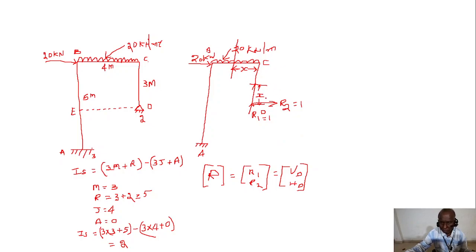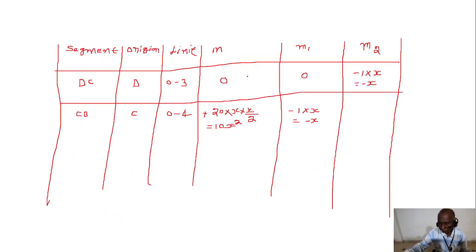This is also anti-clockwise direction, so you will take the negative sign. So minus 1 into 3, this is minus 3.